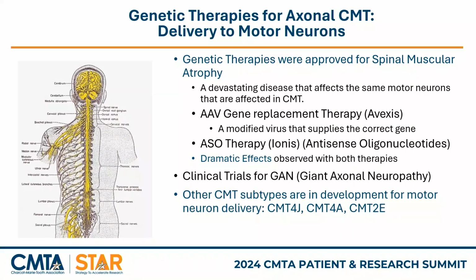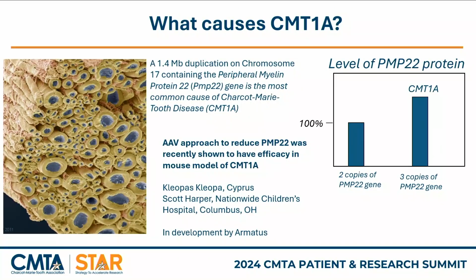We did already talk about this in the demyelinating CMT session, so I'm not going to mention the demyelinating CMT subtypes in this slide. But this is really a template for this certain type of genetic therapy, which has proved successful in SMA, so this is something we can hopefully try to repeat for CMT.